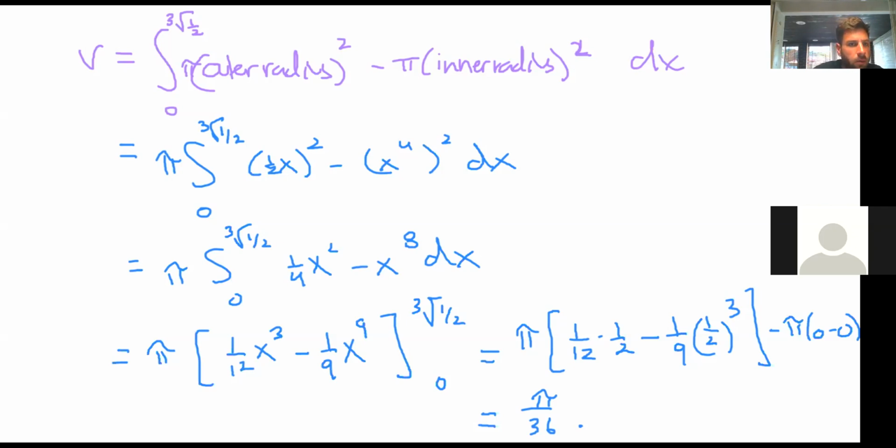Does anybody have a question about this? Again, this is 1/24 minus 1 over 72, and then so you get 1/36. Does anybody have a question or a comment?